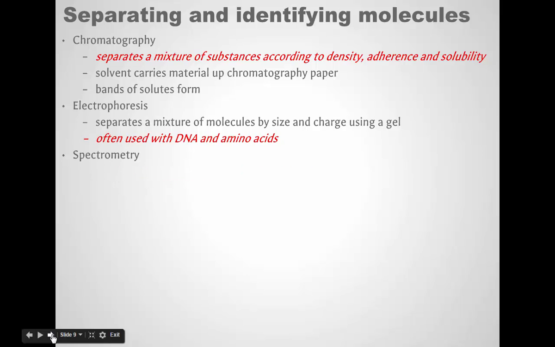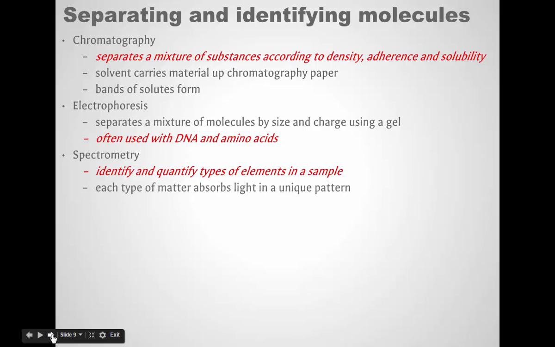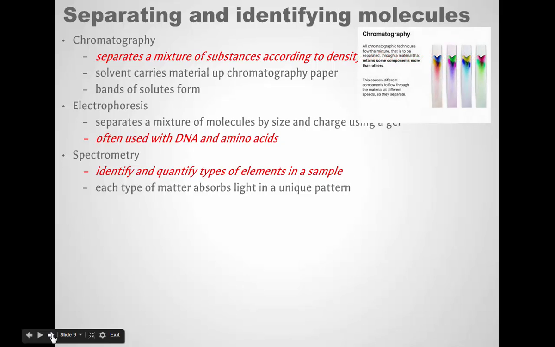And then the last thing is spectrometry, which allows you to identify what's in an unknown sample, by basically burning it and looking at the types of light it produces.